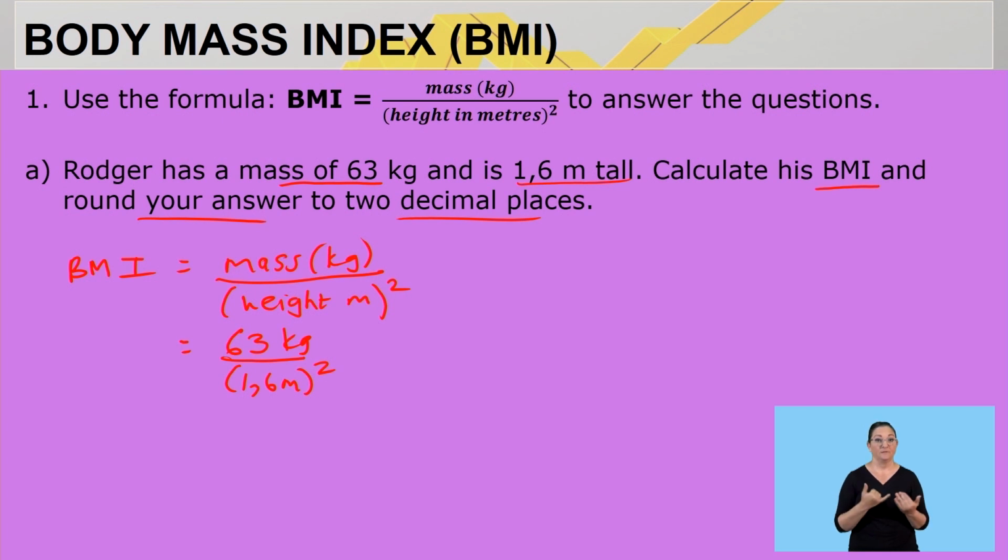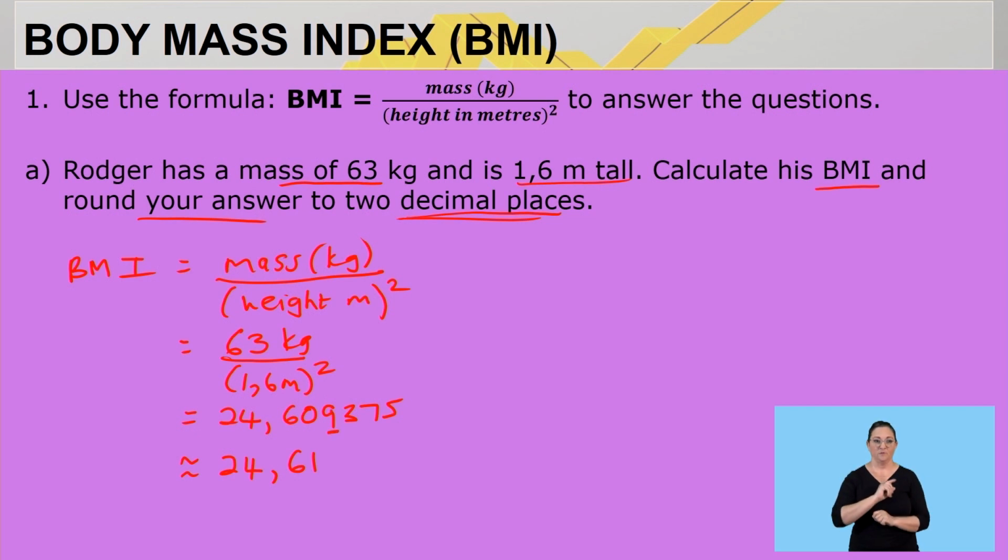Looking at my calculator, it will give me an answer of 24.609375. Now I will quickly go back to this part that says round your answer to 2 decimal places. So therefore, I will indicate that this is 24.61. I looked at that 9, so that 0 becomes a 1.